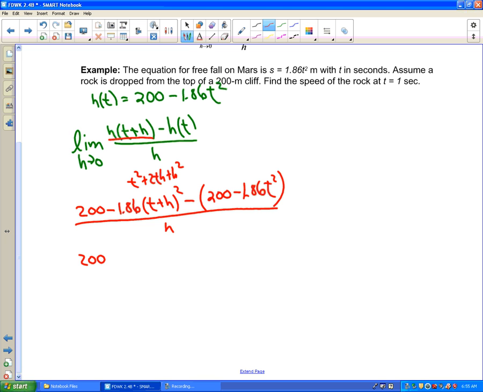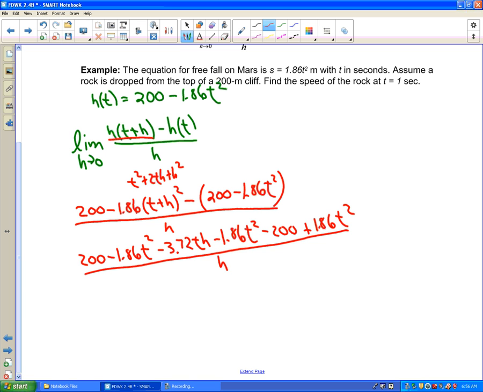All that's multiplied by negative 1.86. So that's going to give us negative 1.86 t squared minus 3.72, I think, th minus 1.86 h squared. Distribute the minus through here. Gives us a minus 200 plus 1.86 t squared. All that's over h.